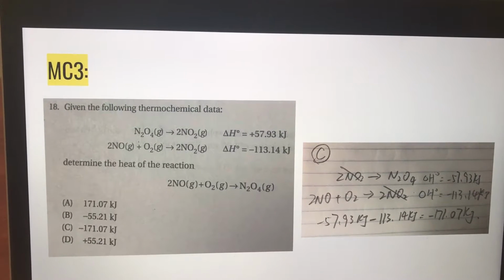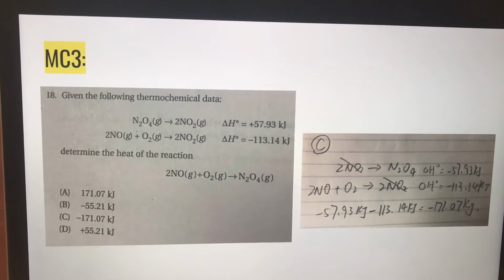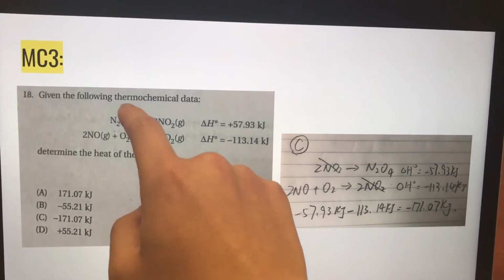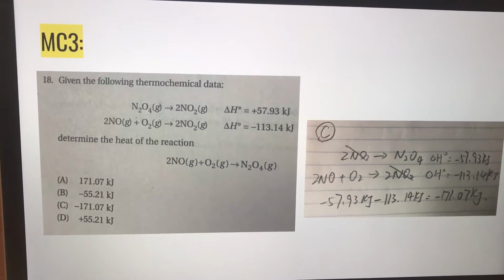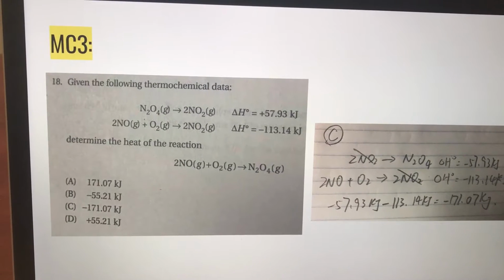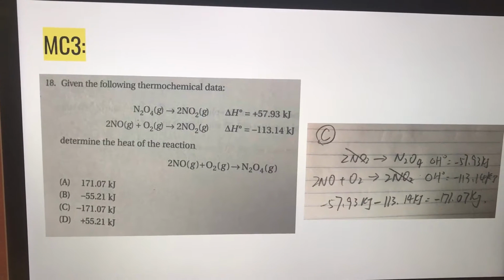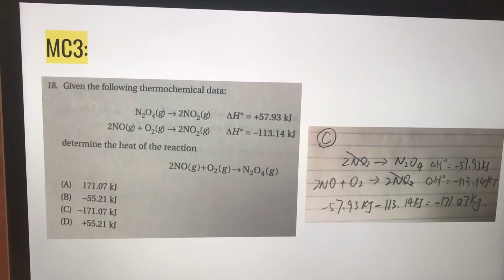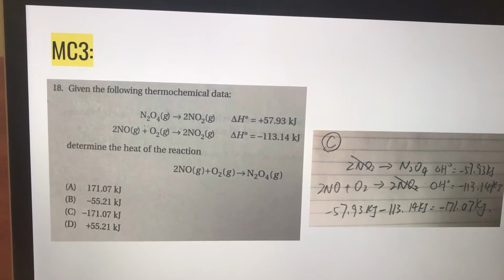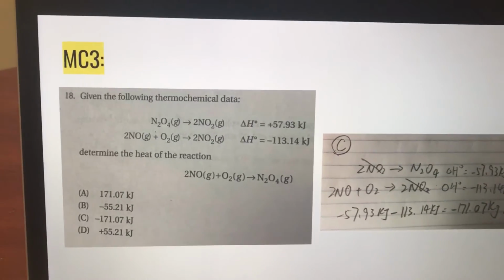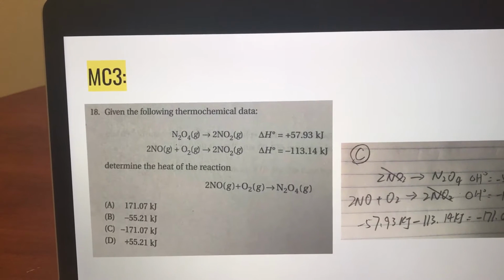The process I use for this question is kind of different from the general process, because I noticed that both of the products of reaction 1 and reaction 2 are 2NO2, and 2NO2 is not present in the final reaction, so I know 2NO2 must be cancelled. In order to let it be cancelled, I think we need to reverse the direction of one reaction and add them together so that it can be cancelled.